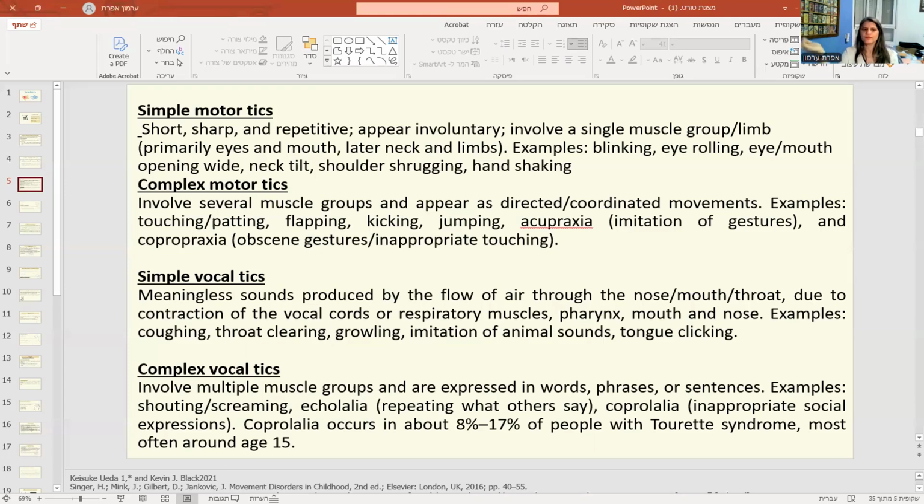For example, cawing, clearing, growling, imitation of animal sounds, throat clicking like this.